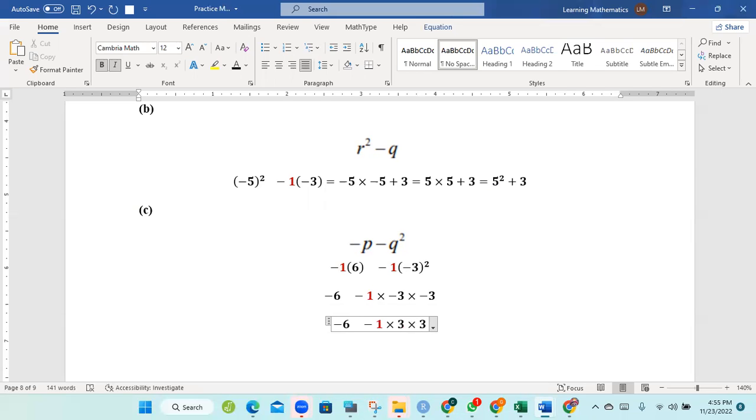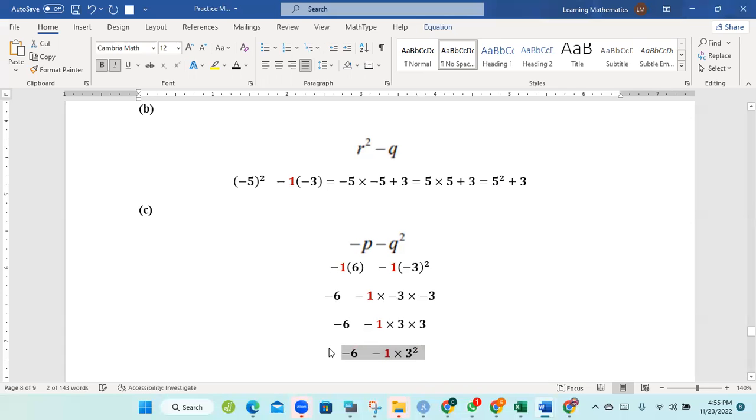So -3 times -3 is the same as 3 times 3. Now we have that -1 to deal with there. Now we don't have to work it out. We know 3 times 3 is 9, but it said do not work it out. 3 times 3 is 3 squared. And that's -1 times 3 squared.